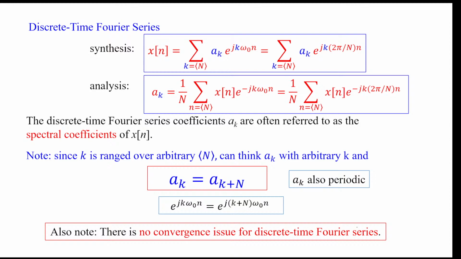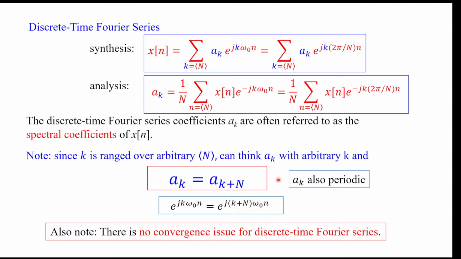So this e to the jk omega n, those harmonic exponentials, are periodic with period big N, because if you change k to k plus big N, it's the same function. So we think the coefficient for this e to the jk omega n is the same as the coefficient for e to the j(k plus big N) omega n.